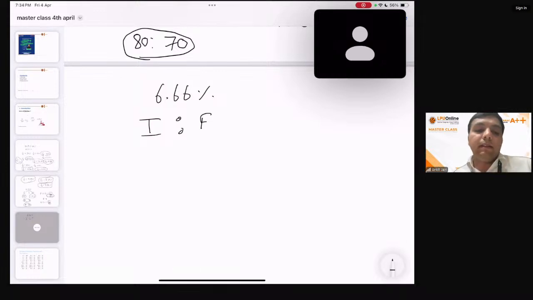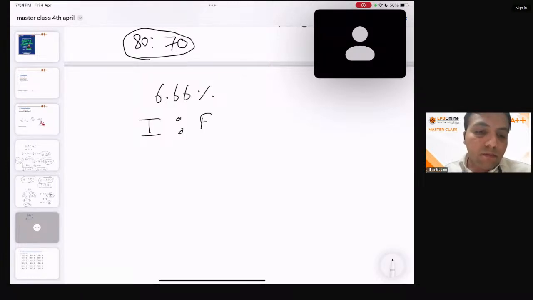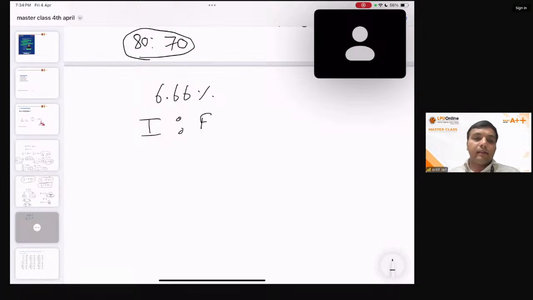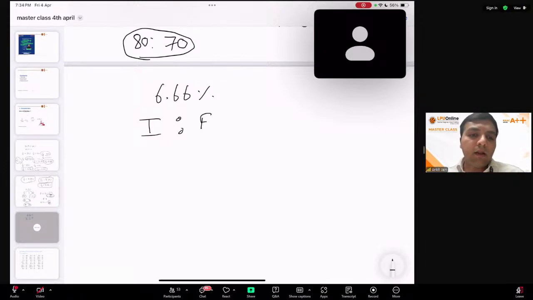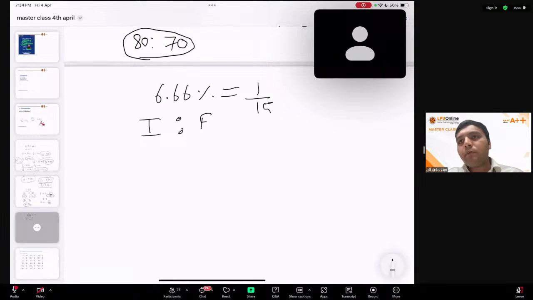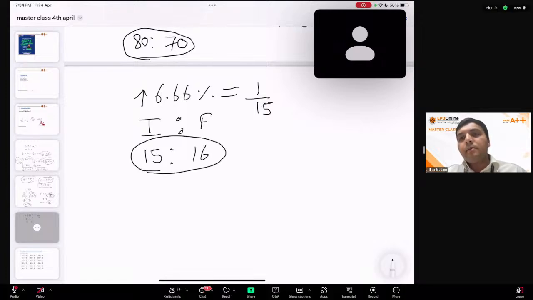You can solve it very easily. 15 ratio 16. Yes, 6.66 is 1 by 15. An increase of 6.66% means if you have 15 rupees, now it becomes 16 rupees. So you can assume 15, it becomes 16.